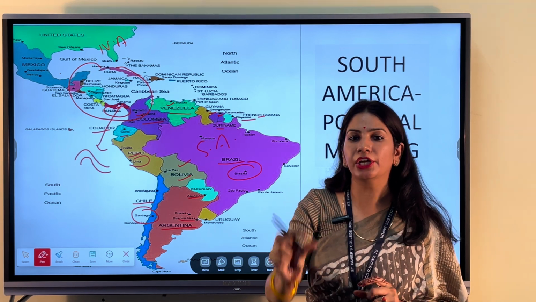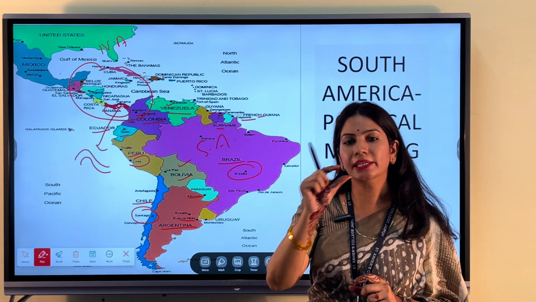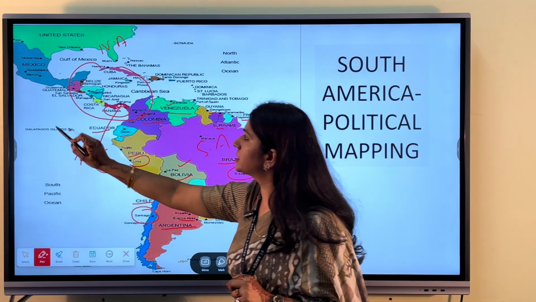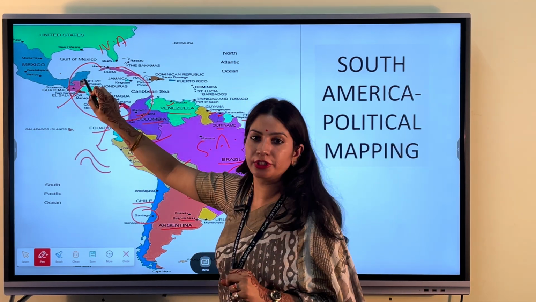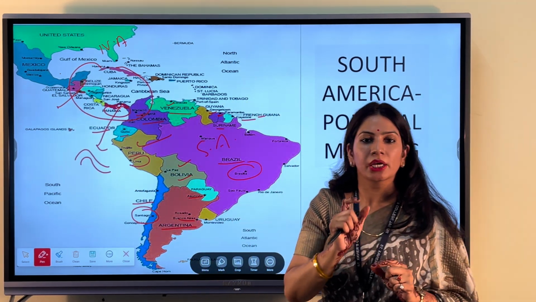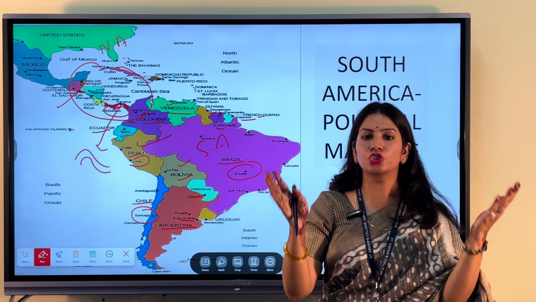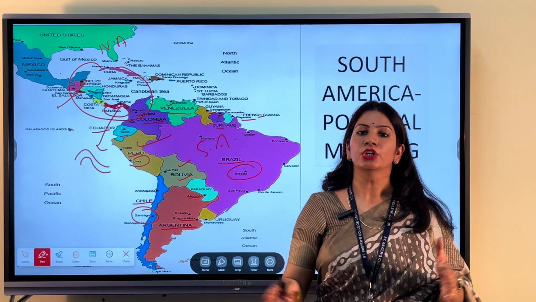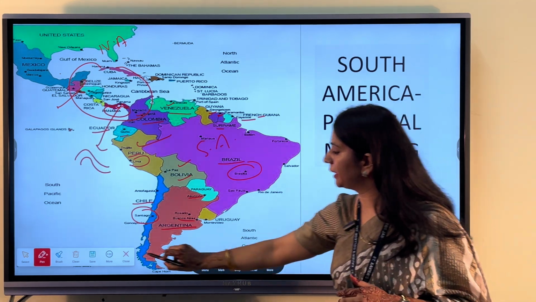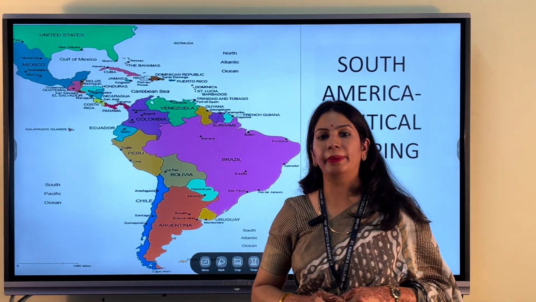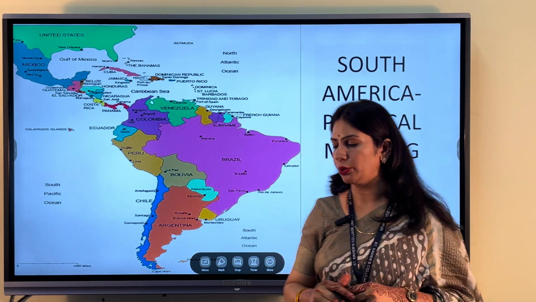So this Panama nation, or geographically Panama Isthmus, is the land which connects South America and North America. So please make a note, an isthmus is a very narrow part of land which joins two bigger parts of land. So this was all about the political mapping of South America.